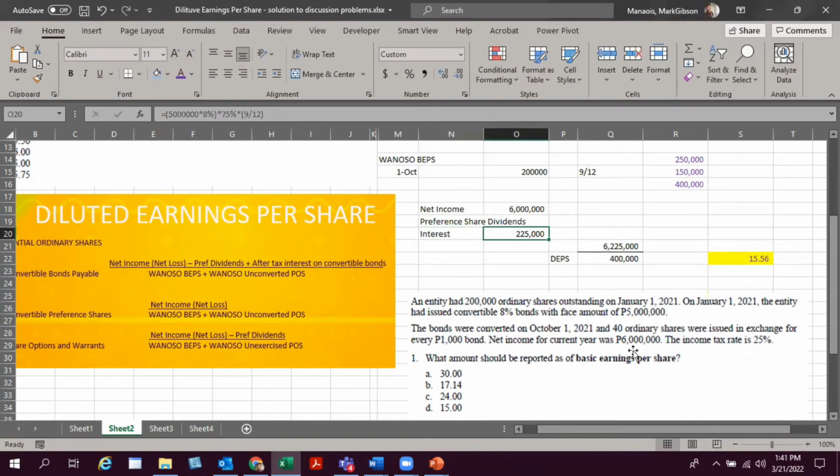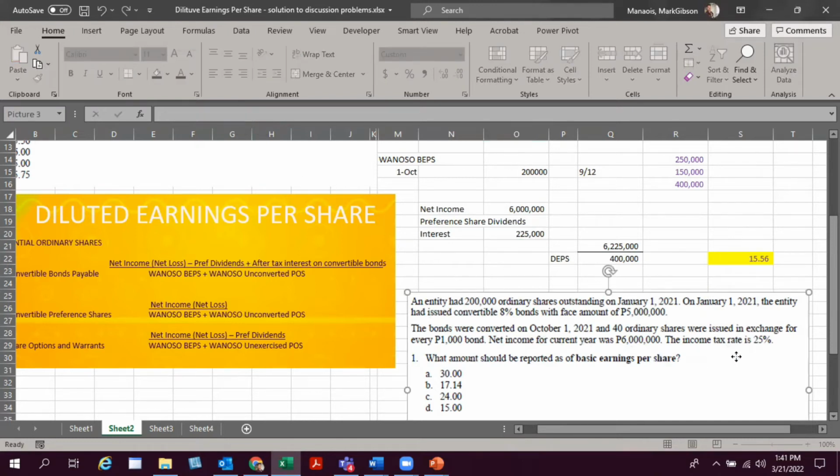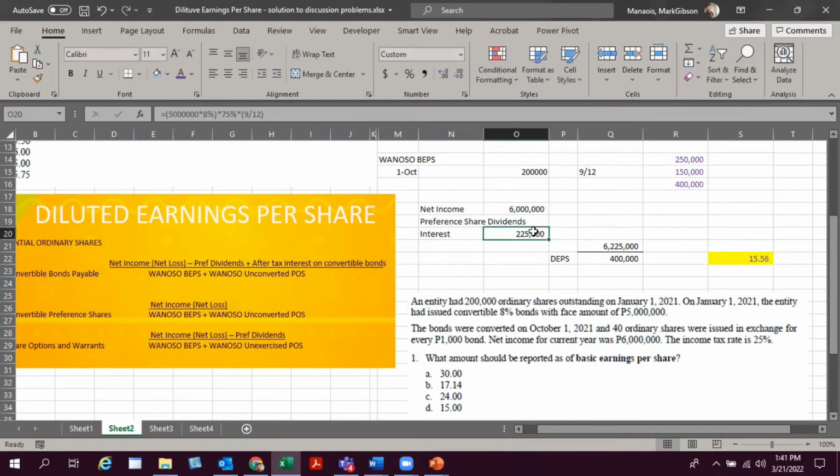That's 5 million, the face amount, multiplied by 8%. Tandaan, it's the after-tax. How much is the tax rate? It's 25%. So para makuha yung after-tax, that's 100% minus 25% or simply 75%. And of course, kunin lang natin yung prorata kasi we're not computing for the whole year's interest.